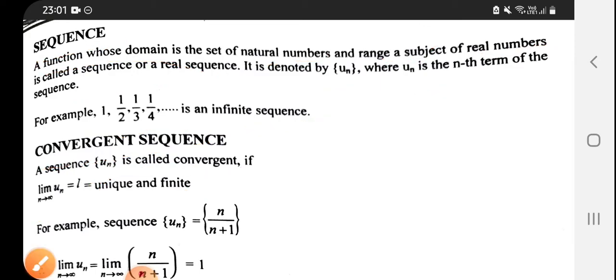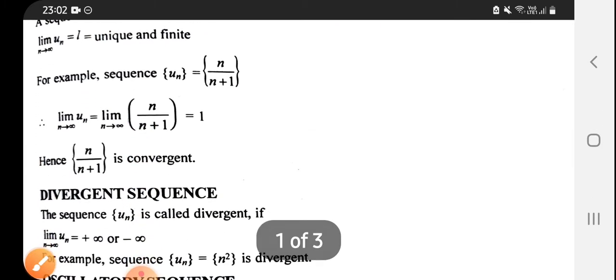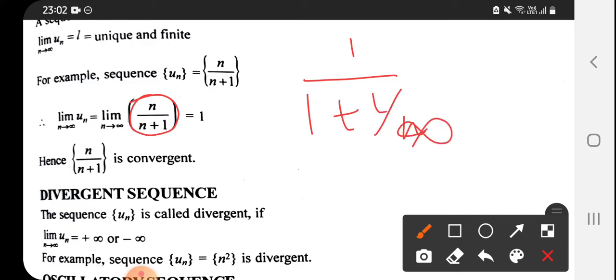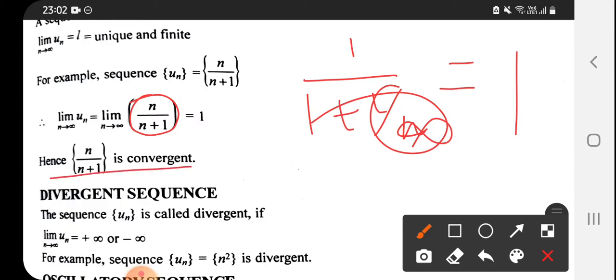If we apply the limit as n tends to infinity, we divide numerator and denominator by n, then we get 1 divided by 1 plus 1/n. As n tends to infinity, 1 divided by infinity gets 0, and 1 upon 1 plus 0 is 1. This is a finite value.